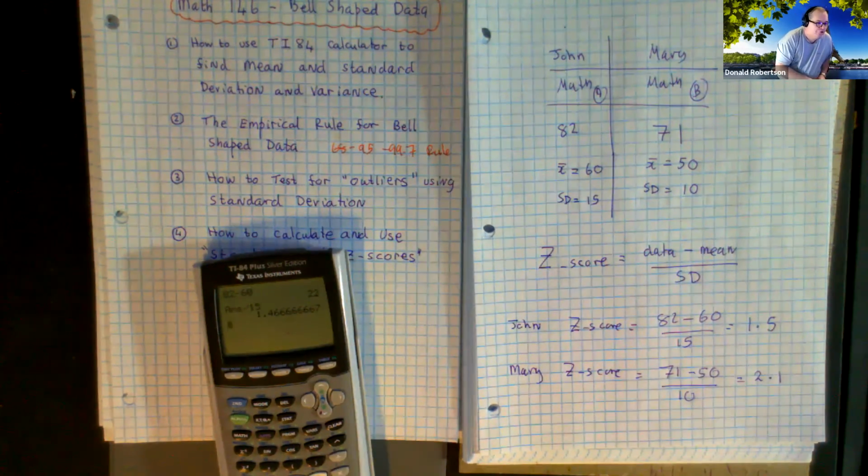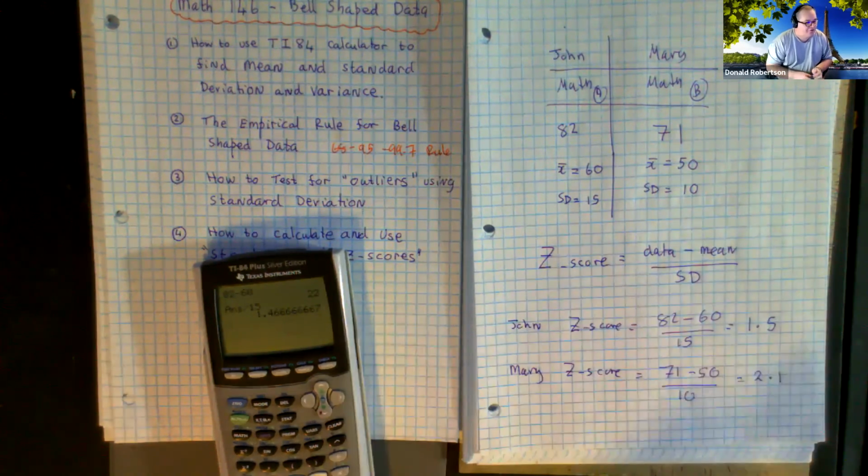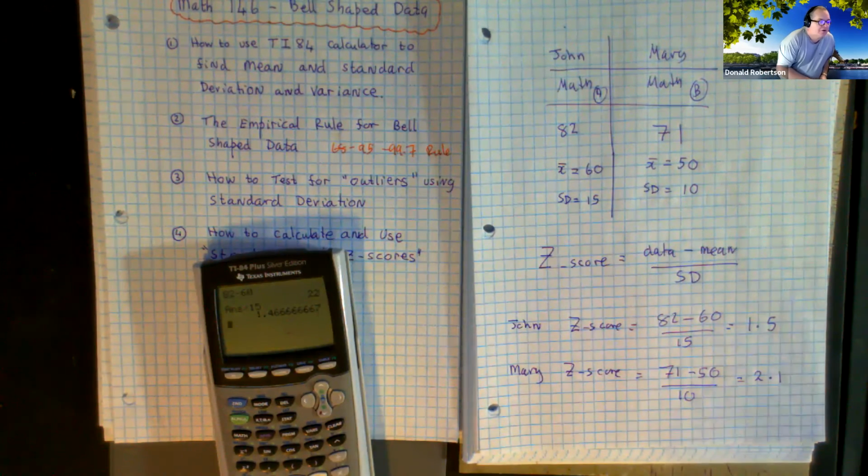Off the top of my head, did you know SATs are standardized? Because one year the SAT is a little bit harder than it was last year, so they always standardize it. So you might have got a certain score, but then they fix it by bringing in what the mean and standard deviation were for that year.